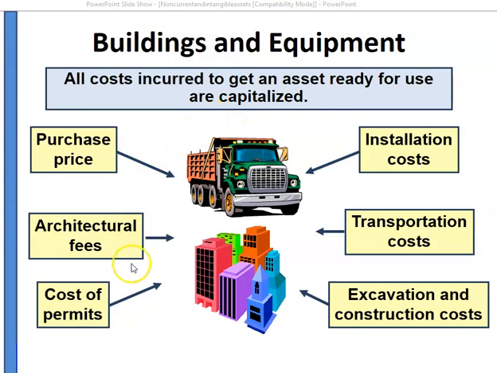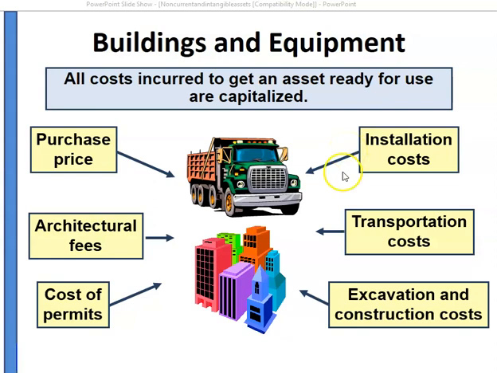Any fees that are one-time costs, whenever we purchase it, we obviously have the purchase price. With a vehicle, not necessarily with a building, we might have transportation costs associated with getting it to us. Any installation cost, let's say that there's a lot of snow in the upper Midwest.